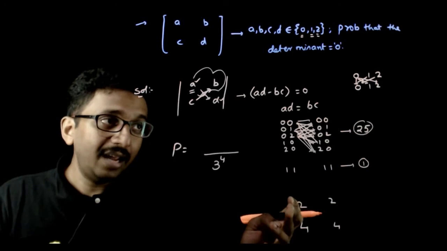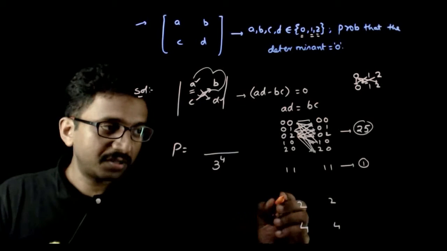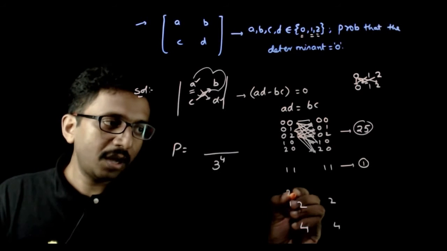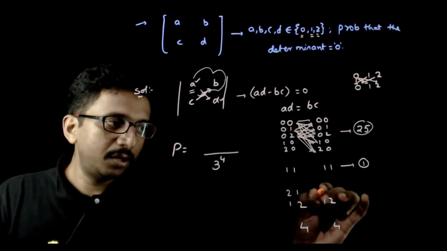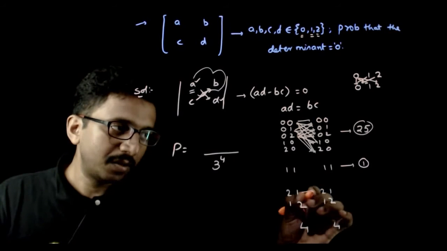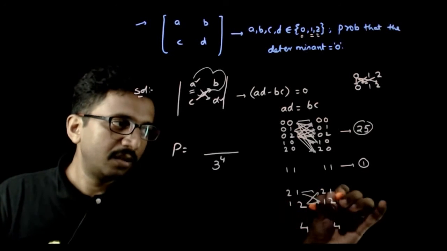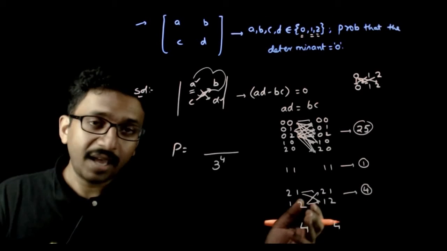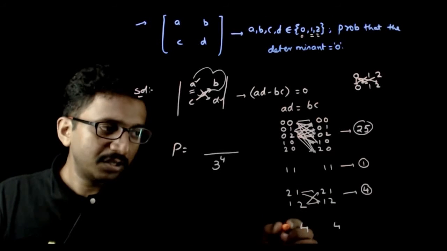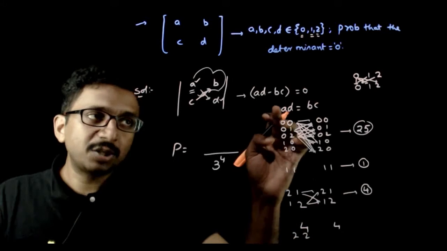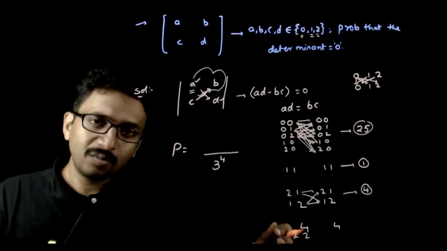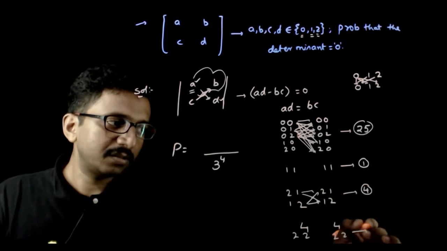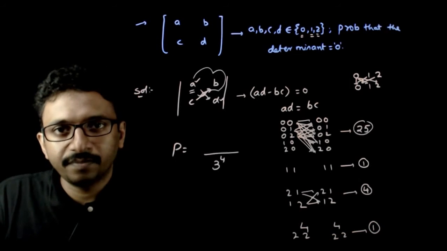Now if AD has to be equal to 2, you have 2 options, that is 1 into 2 or 2 into 1. Similarly for BC, 1 into 2 or 2 into 1. Combined you have 4 options. And if AD and BC have to be equal to 4, you have only one option, since both elements have to be 2.